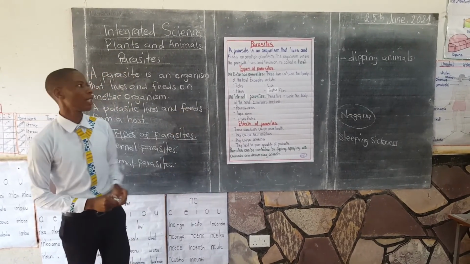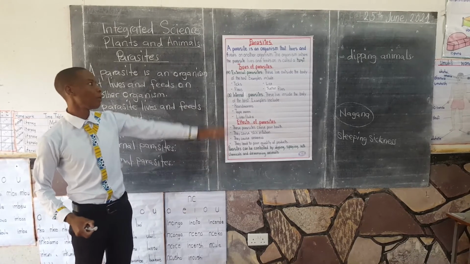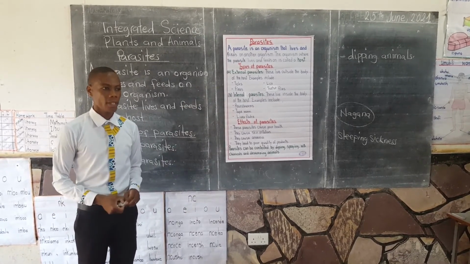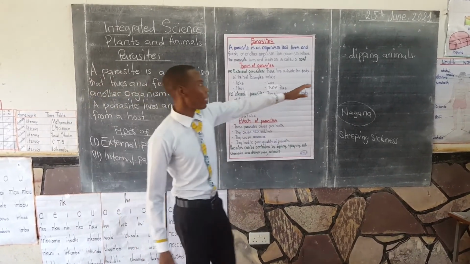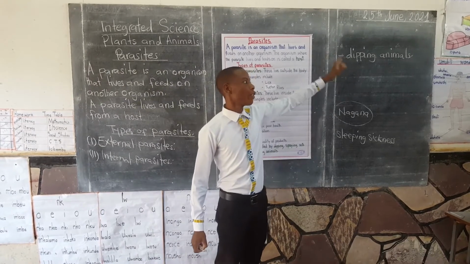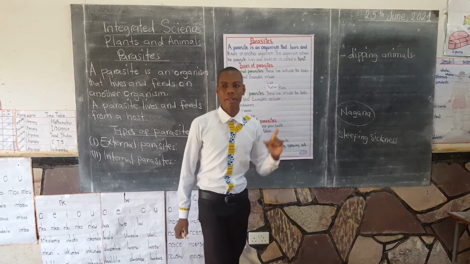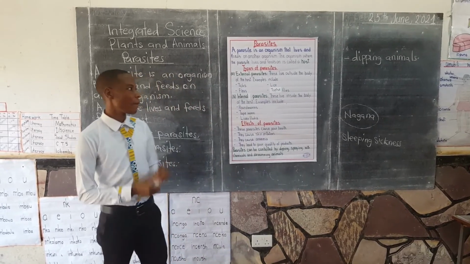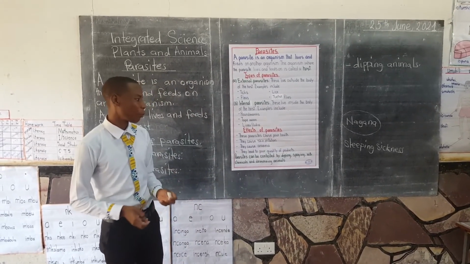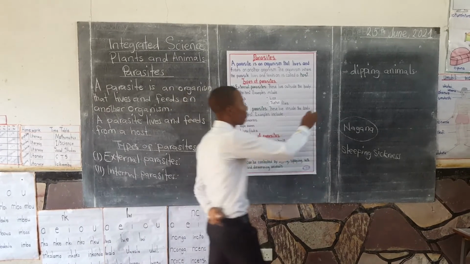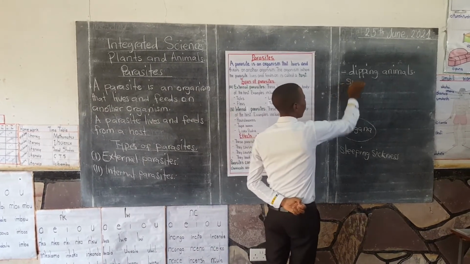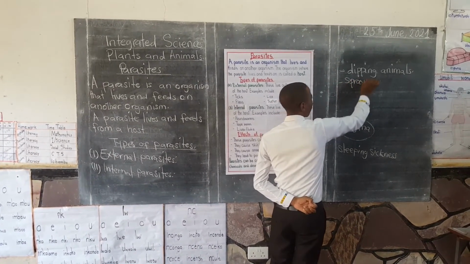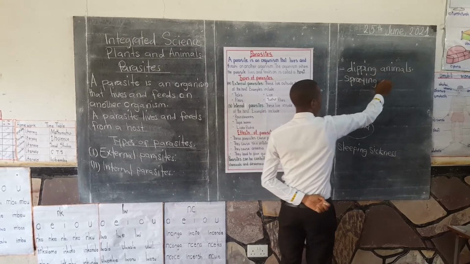By so doing, it is going to help to kill external parasites. Now, you have to be mindful that dipping is used to control external parasites only. Another control measure is by spraying chemicals.